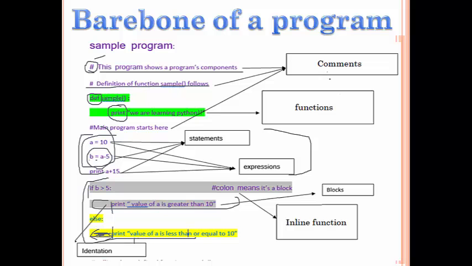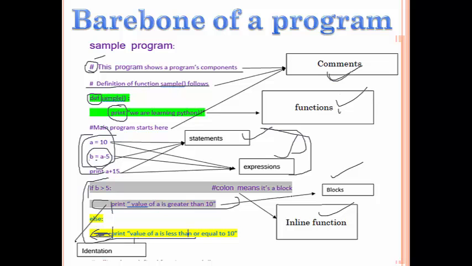Comment means written as remarks in the program, not part of the program. Functions are small programs that can be found in the library, or you can make your own. Statements and expressions, and blocks are groups of program put together.